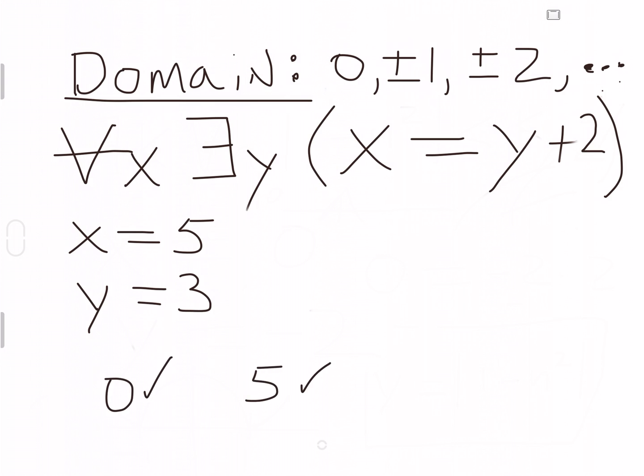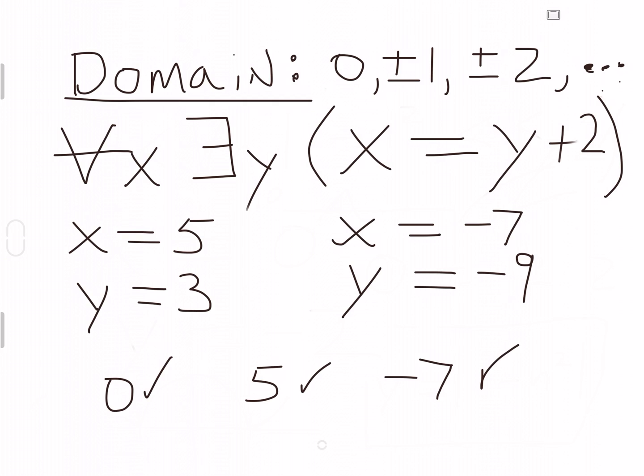Let's try a negative number. Let's say negative 7. What do you have to add? We'll go with y equals negative 9. Negative 9 plus 2 is negative 7, so it worked for negative 7, check. So I'm thinking it probably is true. This is a true statement. And in fact, it is a true statement.